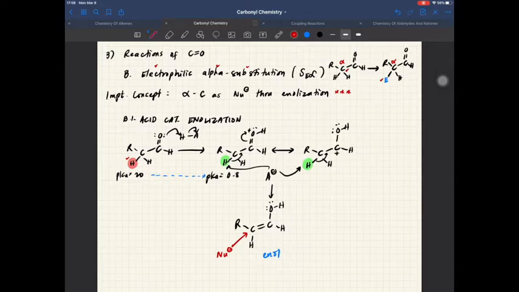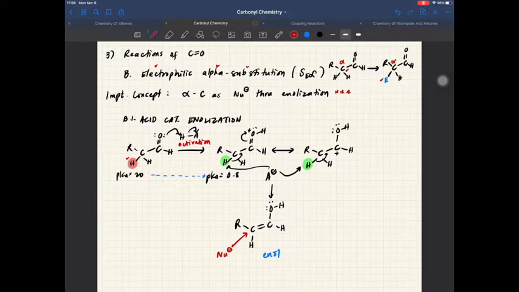So in acid catalyzed enolization, we have to activate the carbonyl group first. This one is the activation step. And this activated product will form a fully positive carbonyl carbon. So this fully positive carbonyl carbon will lessen the pKa value of the alpha hydrogen.